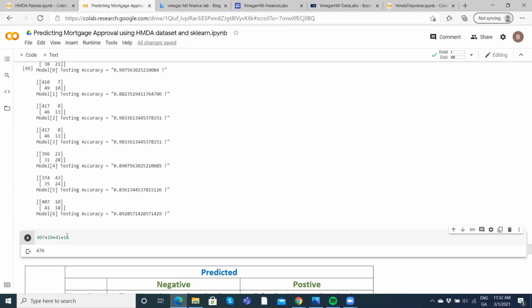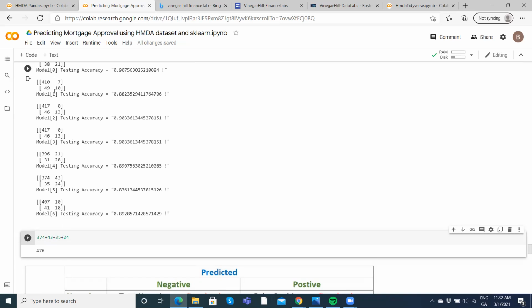Now, if I go to the confusion matrix above, I should get that 476. So if I take the 374 plus the 43 plus the 35 plus the 24 and run that, I should also get 476, which I do, and so on along the way.